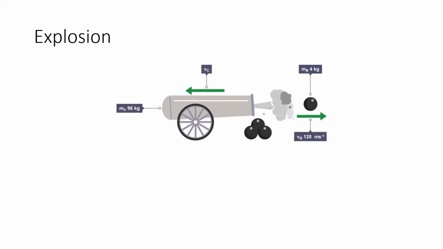Another event that has linear momentum is explosion. For example here, an object is being fired from a cannon. You can see here, this ball is being fired out of the cannon and it moves to the right. Then this cannon will recoil to the left.